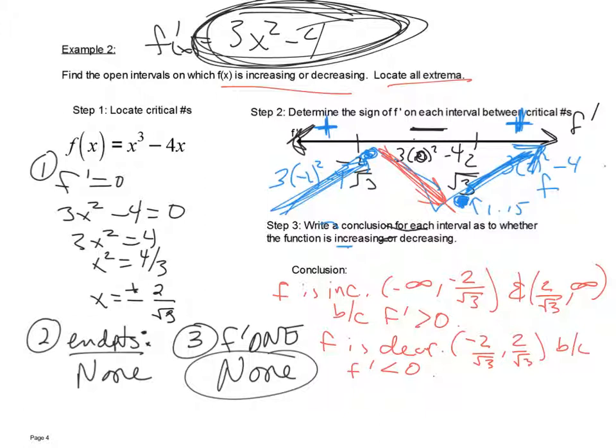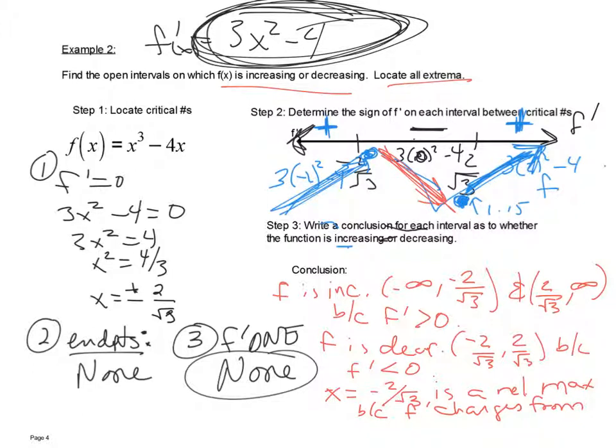Now, to locate all extrema, we would say that x equals negative 2 over root 3 is a relative max, because f prime changes or switches from positive to negative, okay?